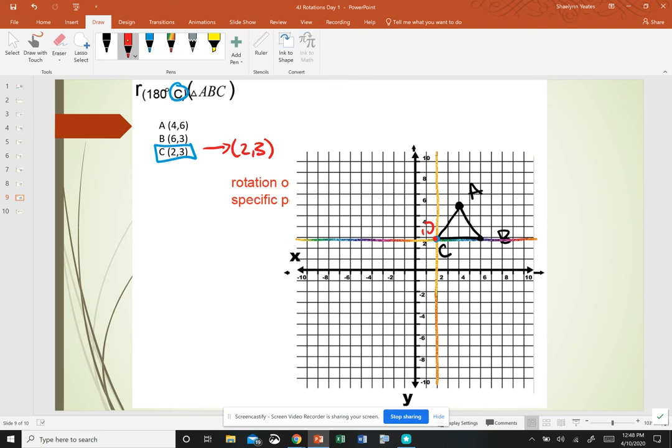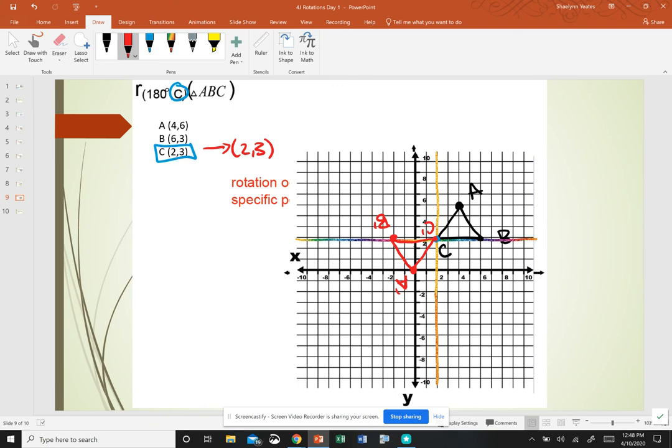So I'm going to go 1, 2, 3, 4 to the left. So now here's my B prime. And then A was originally 1, 2 to the right, and then 1, 2, 3 up. So I'm going to go 2 to the right, then 1, 2, 3 up. So then here's A prime. And there is my new triangle. I'm literally rotating my paper.